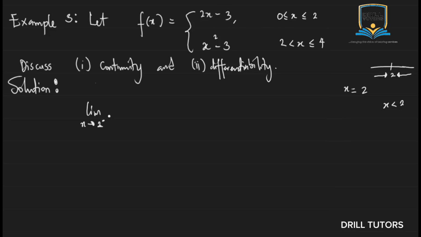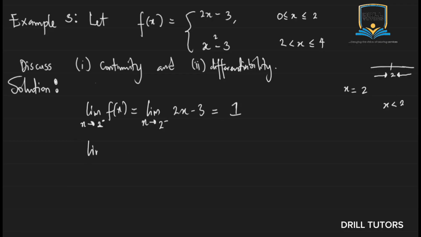So the limit as x tends to 2 from the left of the function is the same thing as the limit as x tends to 2 from the left of 2x minus 3. If you put 2 inside, you have 4 minus 3, and that is 1.